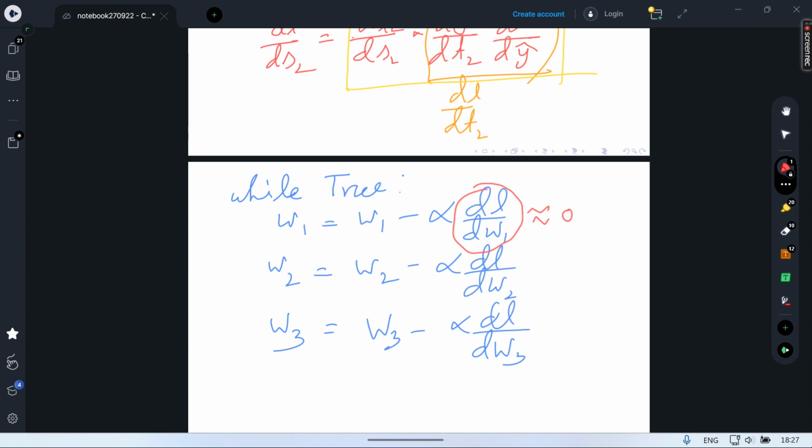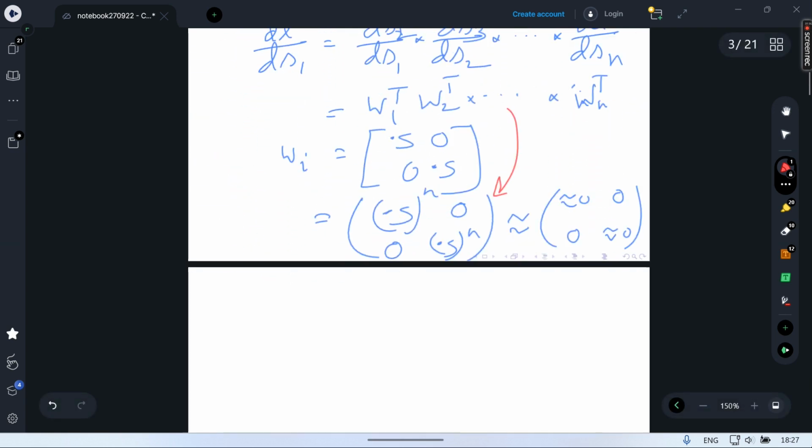Okay. So this kind of problem is called the vanishing gradient problem.